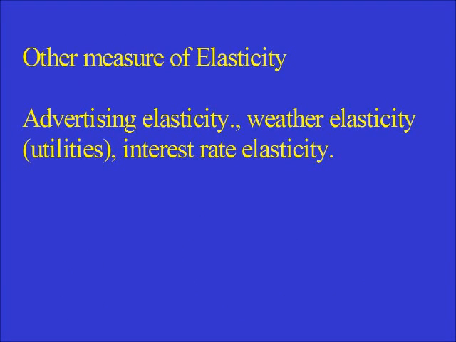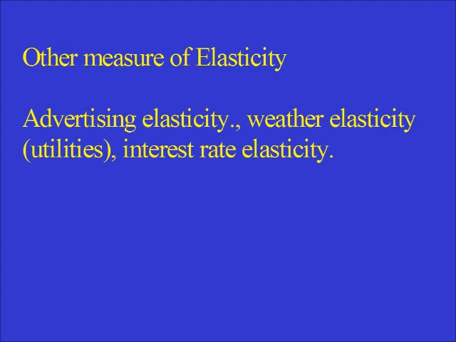As was stated earlier, there are many other measures of elasticity, both demand and other types of elasticity. Here we have some examples of demand elasticity: advertising elasticity, which tells us the percentage change in demand when we increase advertising expenditures. Weather elasticity. This usually has to do with temperature, dry bulb temperature.